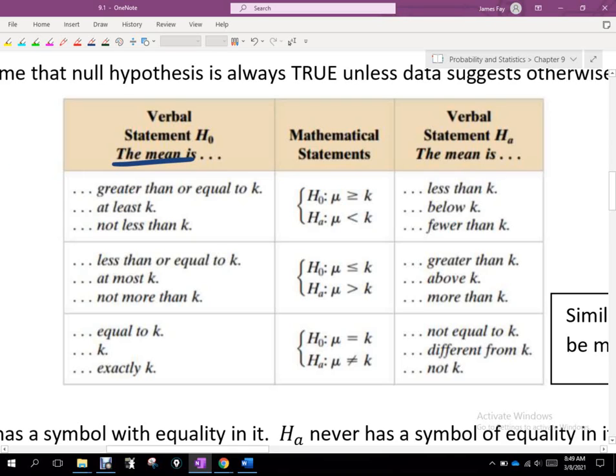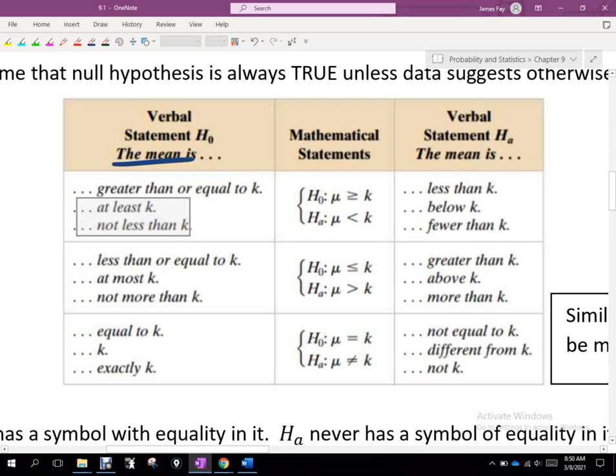Through the structure of their wording, you're going to come across the phrase the mean is, and then greater than or equal to, at least K, not less than K, something like that. Greater than or equal to obviously means greater than or equal to. I don't know a better way to say that. You learn that in 6th grade.